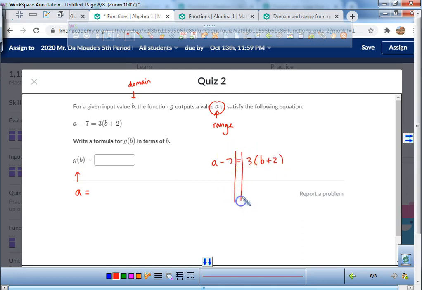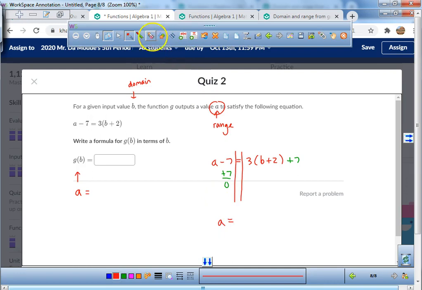Well, let's see here. There's my a. There's a -7. So I guess I could just add 7 to that side and add 7 to that side. So it looks like I got a equals, that's a horrible looking a. Wow, that's an a only a mother could love. All right, there we go. A equals.